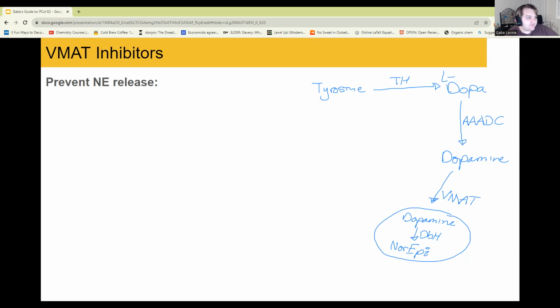What happens if VMAT is inhibited? No norepi. You don't create norepi, and what ends up happening to the dopamine? It goes through monoamine oxidase, MAO, and gets degraded.